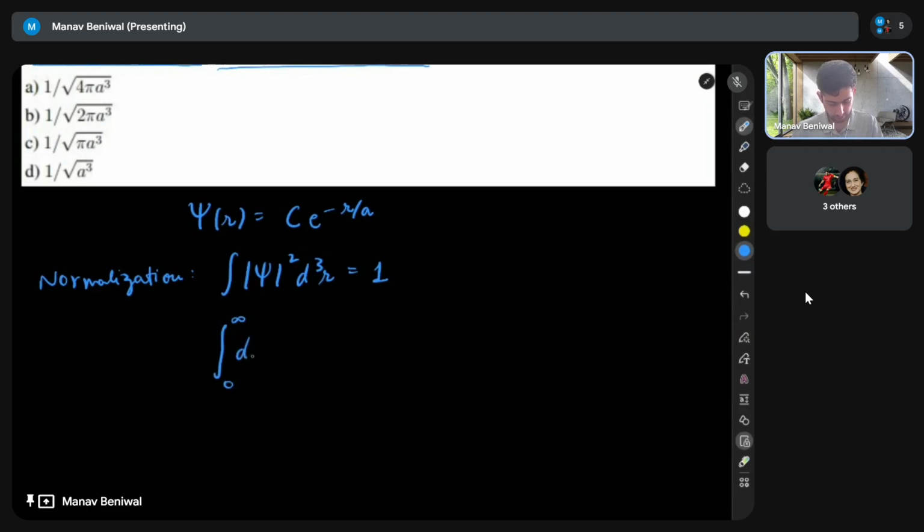So this will be integral dr, this will be 0 to pi, so this will be integral d theta, and 0 to 2 pi. Sorry, here we will have sine theta d theta, and here we have d phi. And then mod psi will be just mod C e to the minus r by a, squared, and also we will have r squared. And this has to be equal to 1.